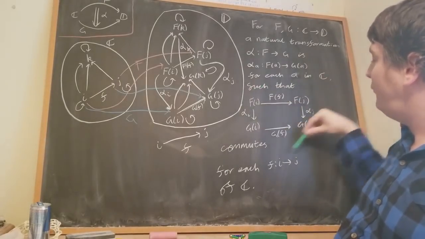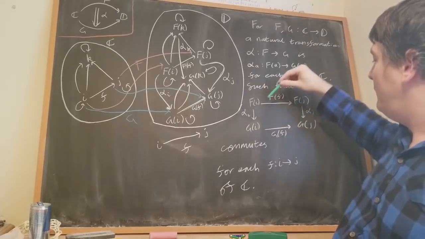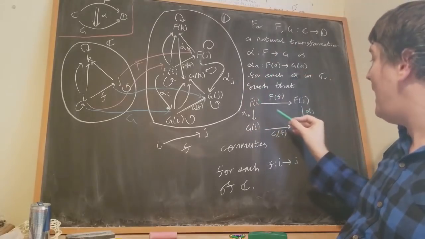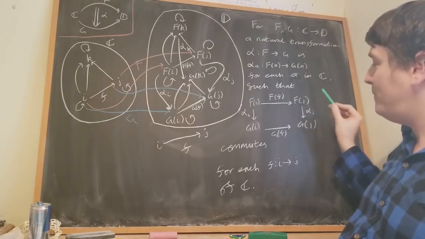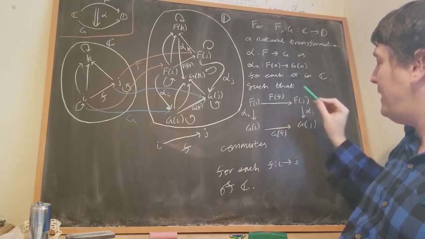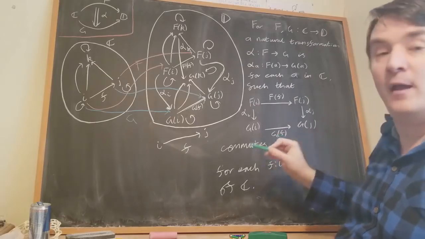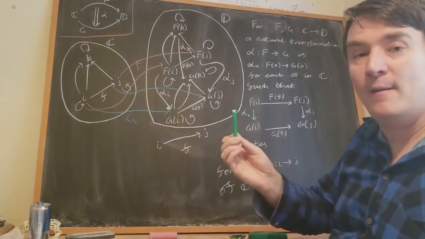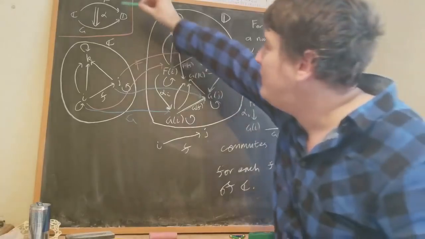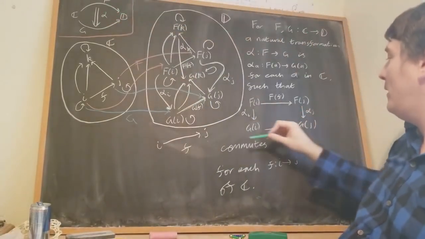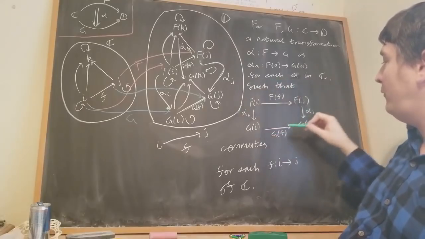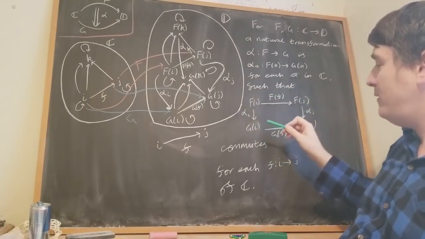And so we have this square, okay? There's two different ways in this square. We can go along F of F and then alpha J, or we can go along alpha I and then G of F. And I'm saying that in order for this to be a natural transformation from F to G, we require that this square commutes. So what does that mean?